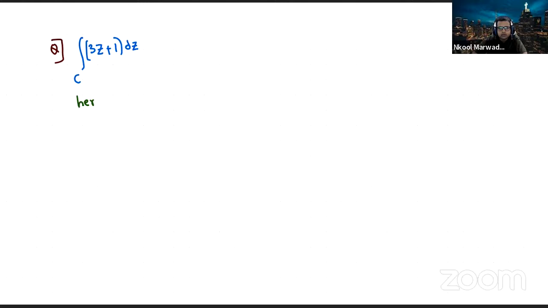C is the boundary of the square with vertices given to us.